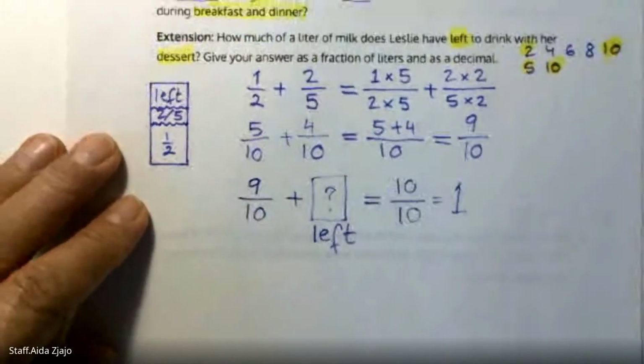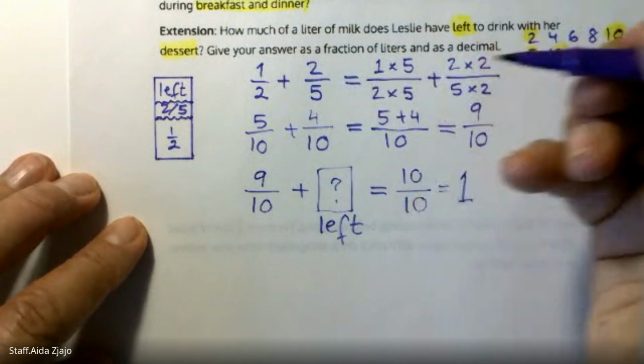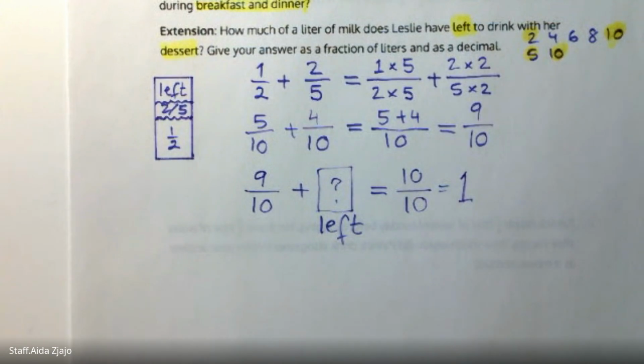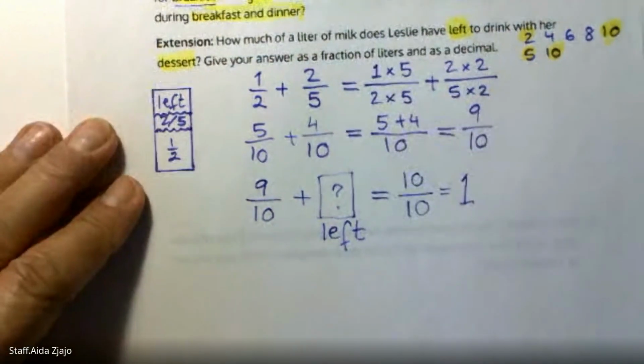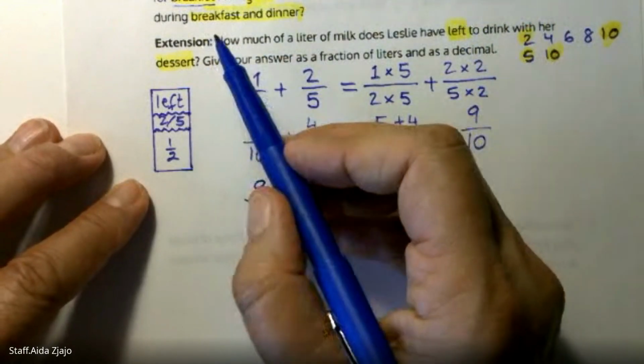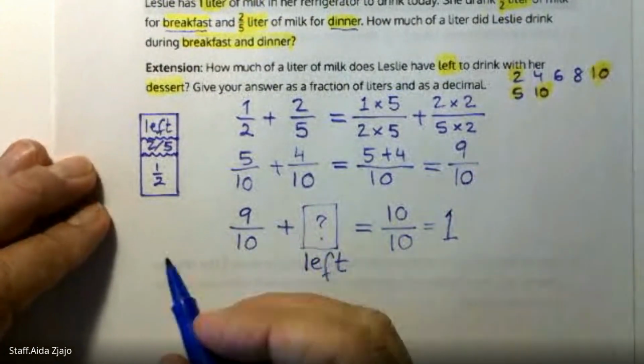So how can we write it down? We're going to make a sentence. How much of the liter did Leslie drink during breakfast and dinner? We're going to answer that.